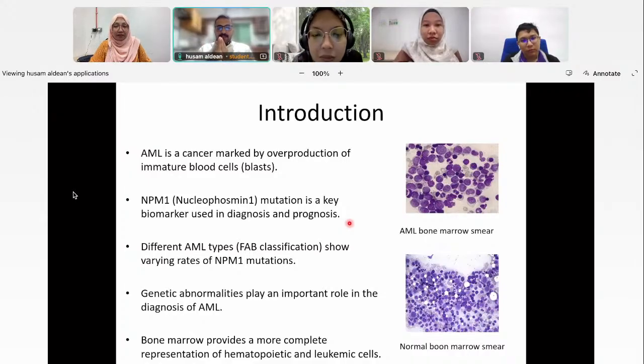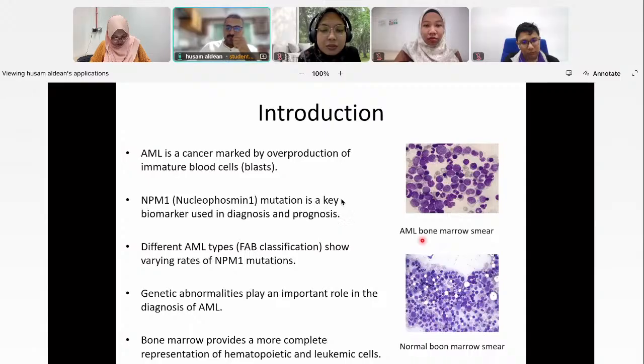Different AML types, depending on FAB classifications, show varying rates of NPM1 mutations. Genetic abnormalities play an important role in the diagnosis of AML, together with other modules of diagnosis like morphological features of bone marrow smears and peripheral blood smears, flow cytometry, etc.